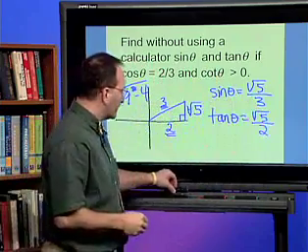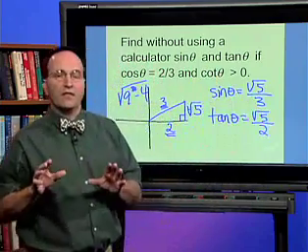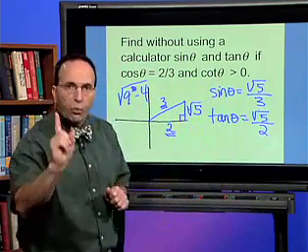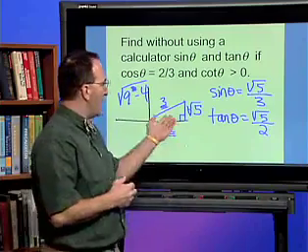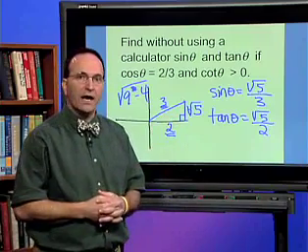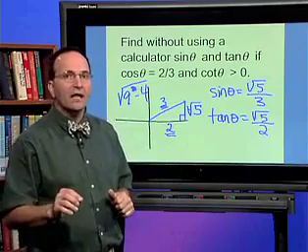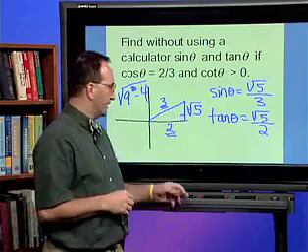And that's how you can find the trig functions of the angle without knowing the angle, because you knew one of the trig functions, and that allowed us to solve the rest of the triangle. Now we're going to explore the relationship between triangle and circle trigonometry.